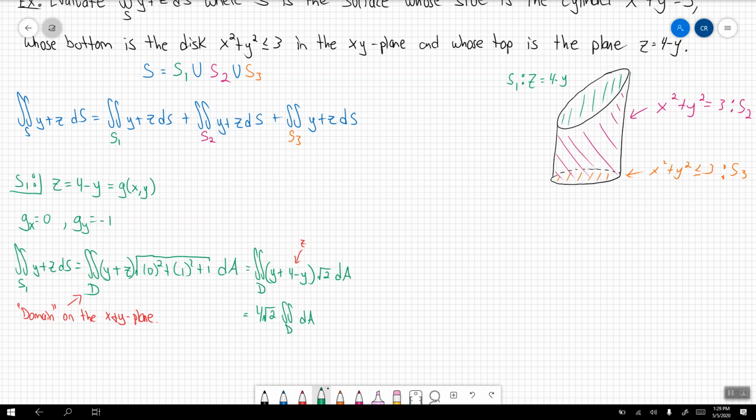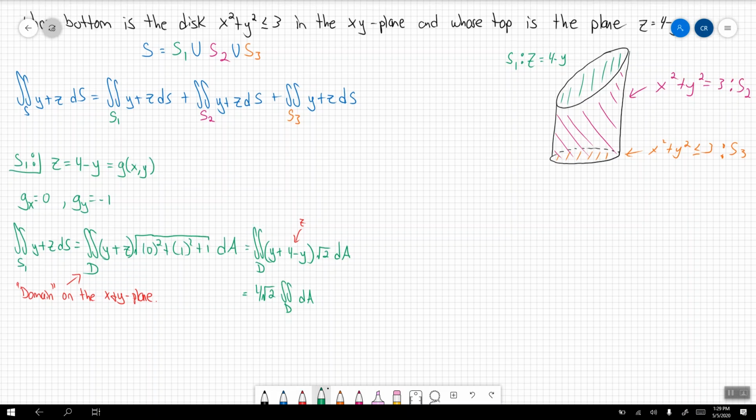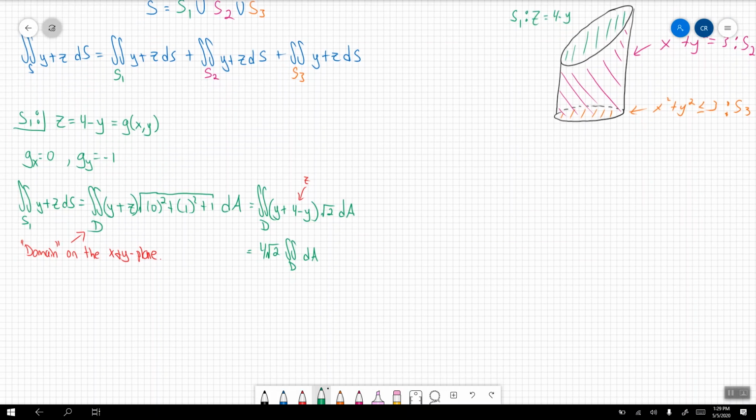But let's look at the domain. What is the projection of this surface onto the x and y plane? Well, that's just a circle. It's just a circular domain, which means we could integrate using polar coordinates, or we can parameterize that domain.